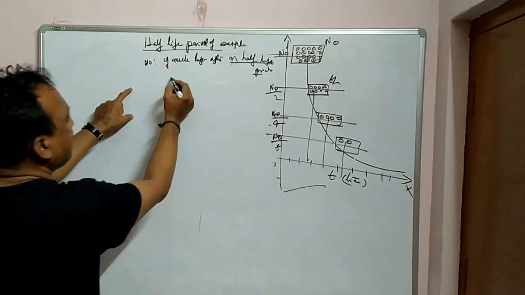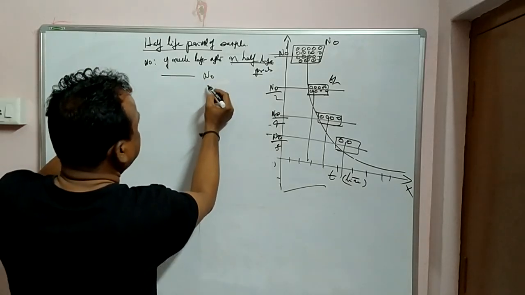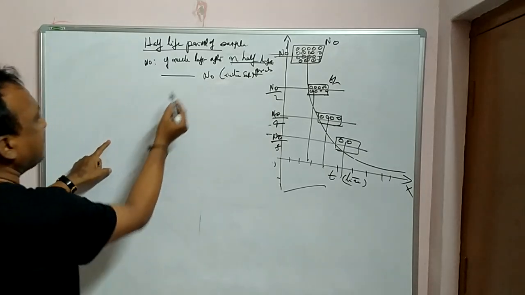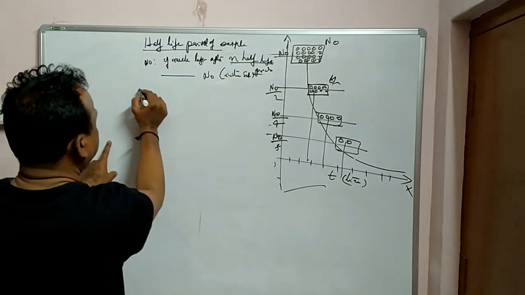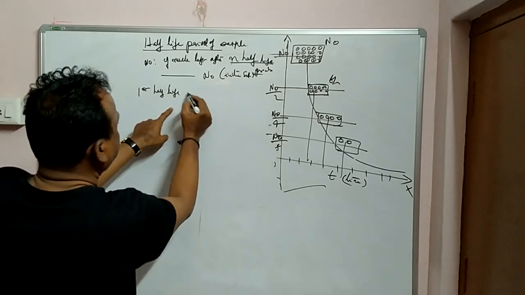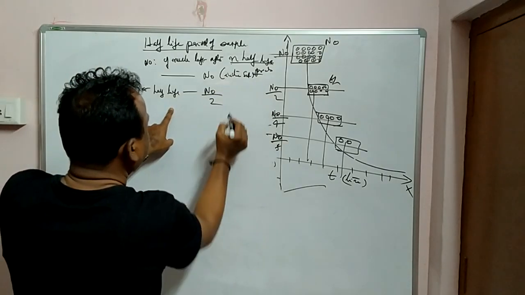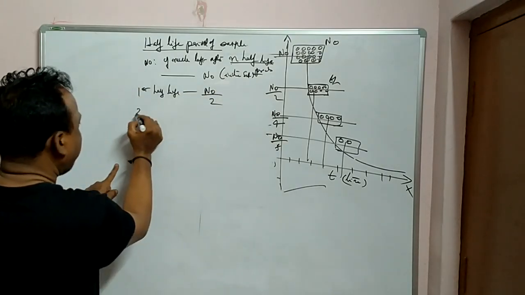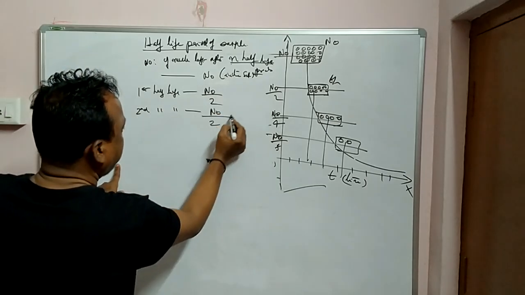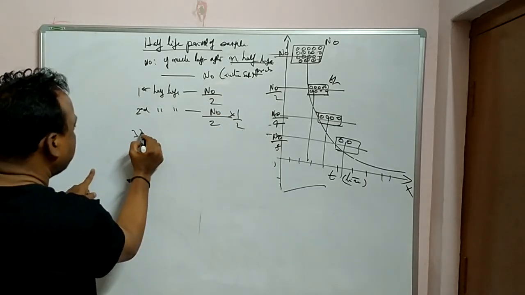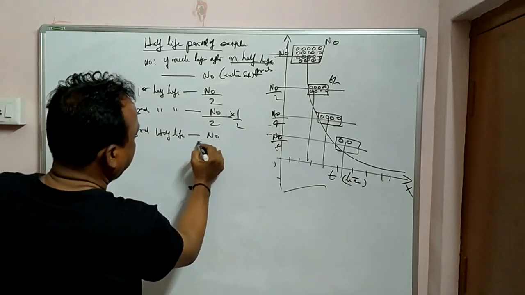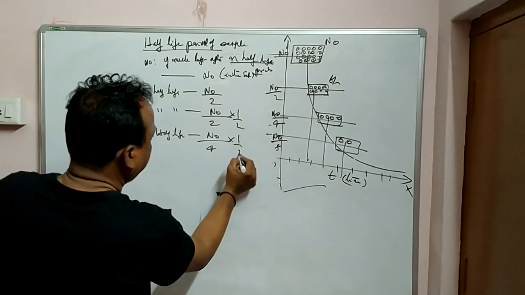For example, this is the initial sample N0. For the first half-life, the undecayed sample N is equal to N0 by 2. Second half-life, N0 by 2 by 2. Third half-life, N0 by 4 by 2.